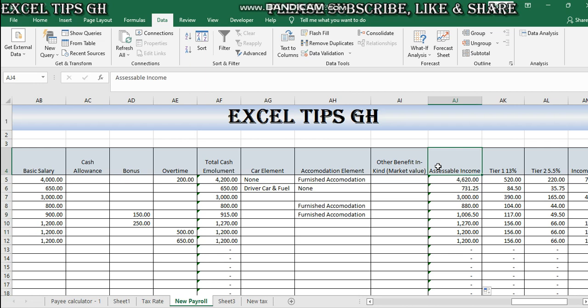So in our next lesson, we are going to add reliefs to our payroll system.